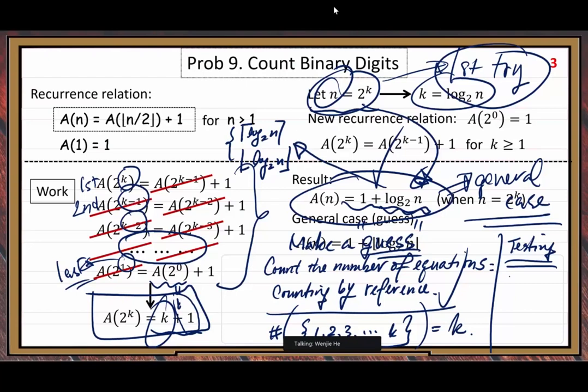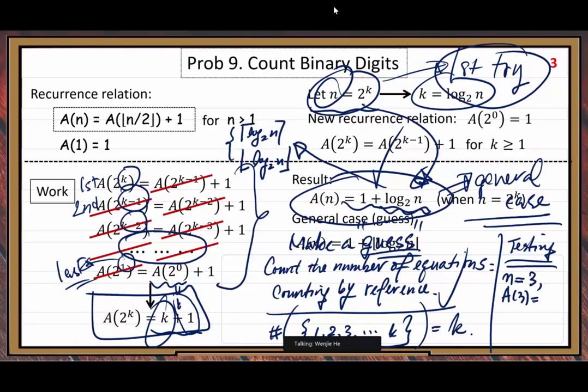So, simple number testing when n equals 3. A small number, so we can get an answer quickly. When n equals 3, we know A of 3 is the number of bits, right?